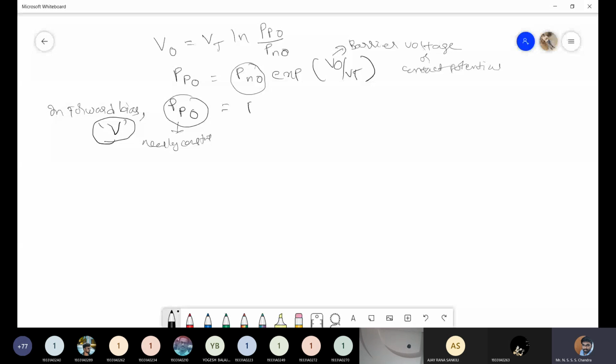So I will be writing it as Pn0 plus delta Pn. This is the new number of holes on the N side. In the exponential term, earlier the barrier voltage was V0. Now, will the barrier voltage be increased or decreased? Please respond.